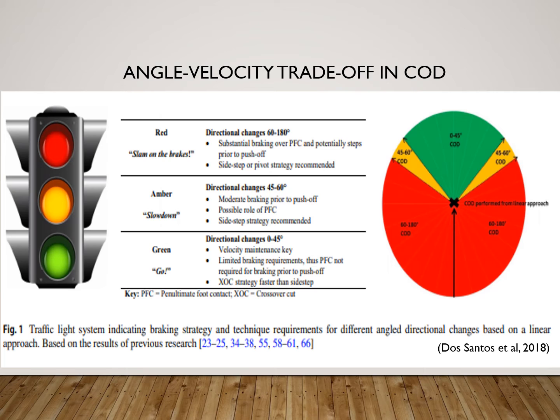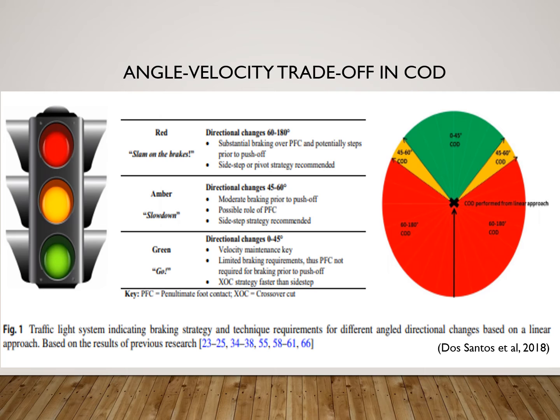Okay, and so those penultimate steps, or the penultimate foot contact, is going to see a significantly greater overall braking and therefore eccentric force compared to some of the smaller changes of direction.